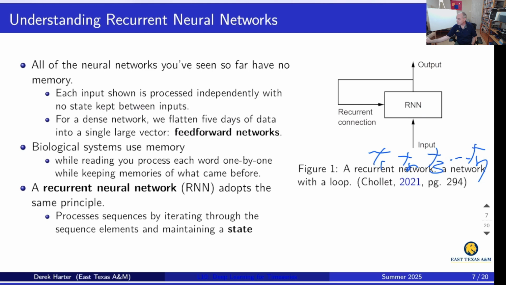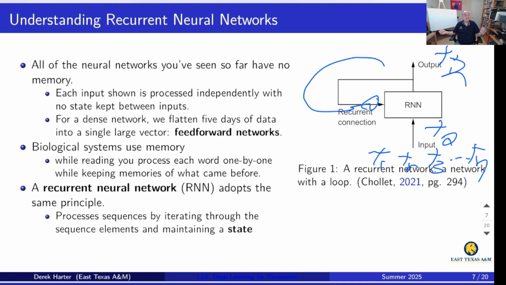It processes the time 1 input and gets the output for time 1. It remembers something, so it feeds that back in. When processing the input for time 2, it combines the time 2 input with what it's remembered so far to get the output for time 2, and so on.